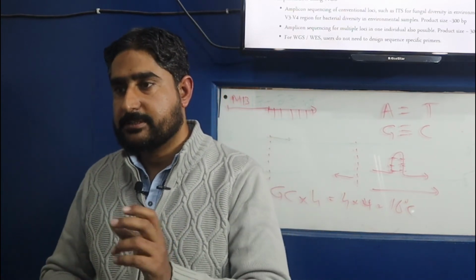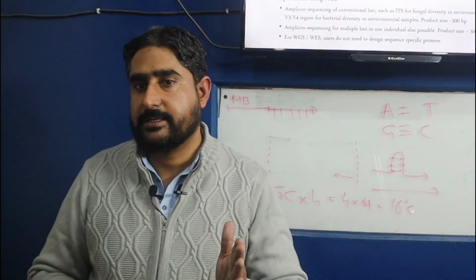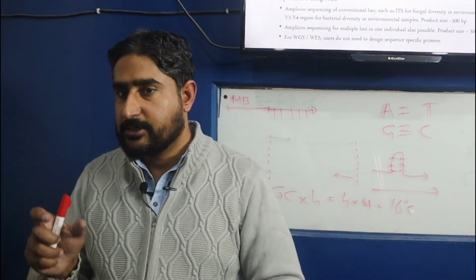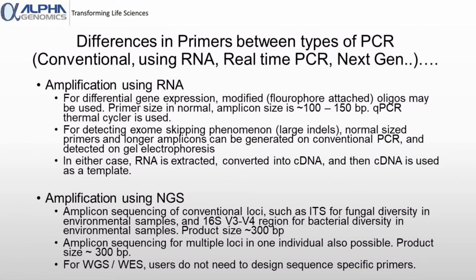So the length of the primers might be from 38 to 40 nucleotides, but actually 18 to 20 or 23 of those bases will anneal specifically to that DNA, and the other part will be added in successive reactions so that we can pool those amplicons for NGS reactions.